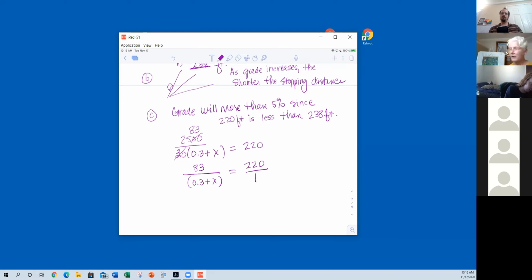equals 220 over 1. And now how could I solve for x at this point? What would be a good way to solve for x? Cross multiply. I would cross multiply.